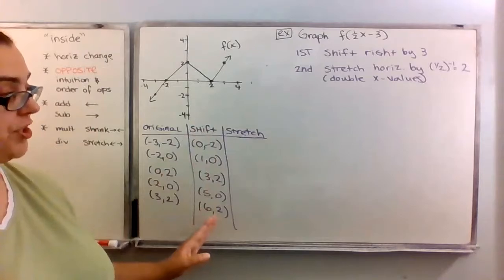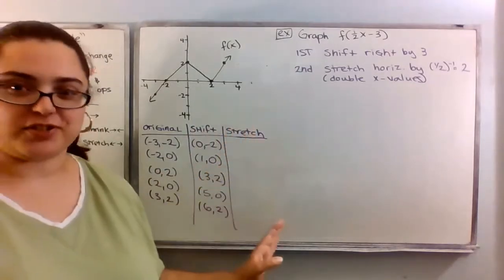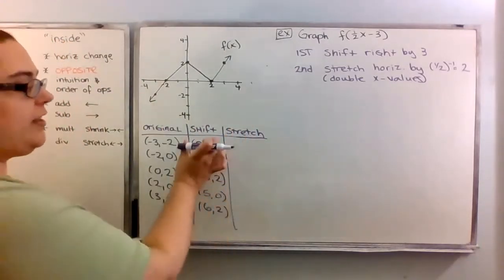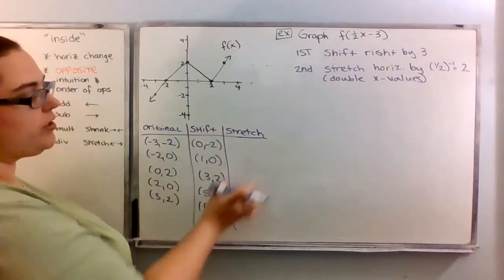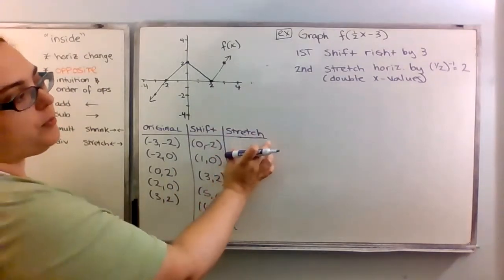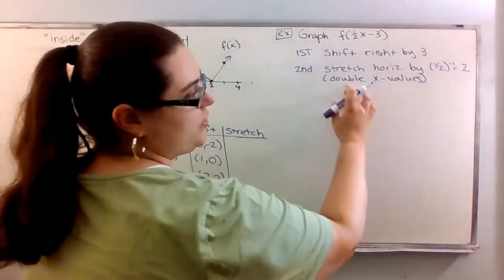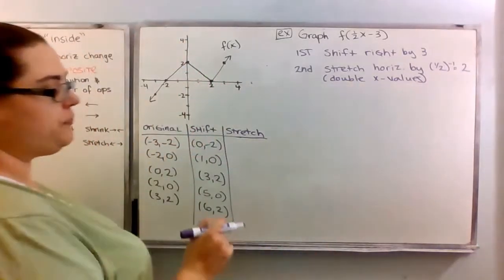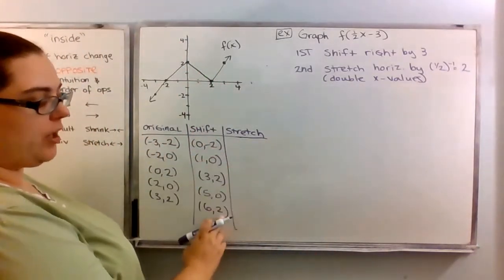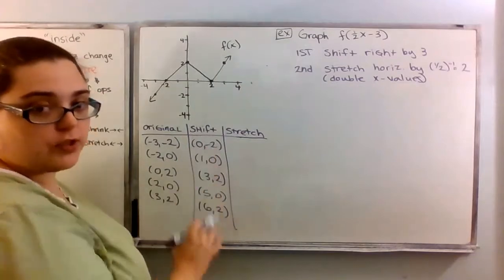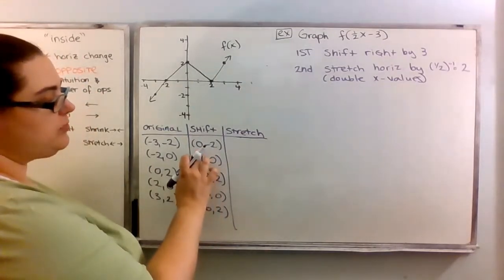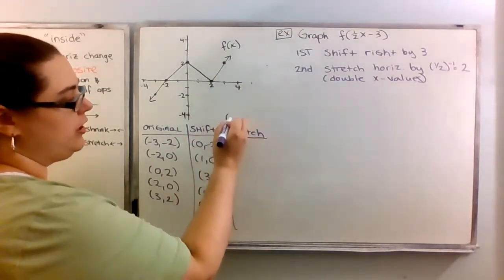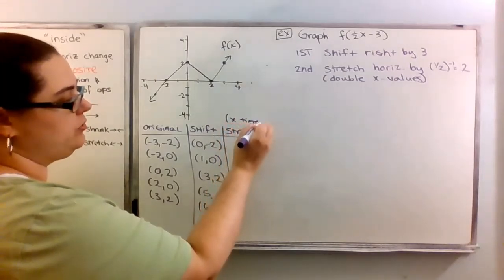Then after we do the shift, we have to do the stretch. So we're going to take these newly shifted points and stretch them. In other words, we're going to double each of the x values because we have to multiply by 2. So the y values will remain unchanged. This time the x values are going to change. So we're going to do x times 2.